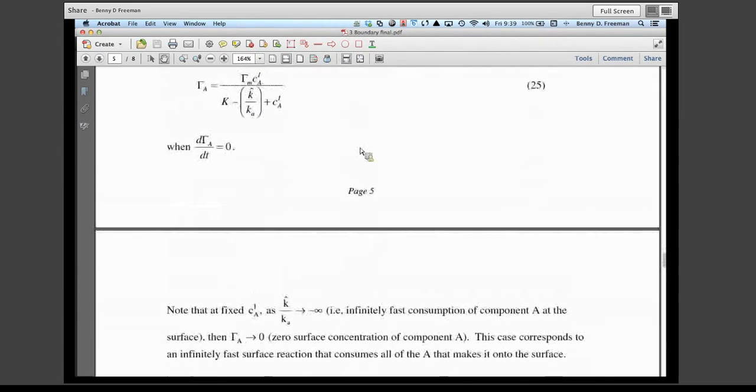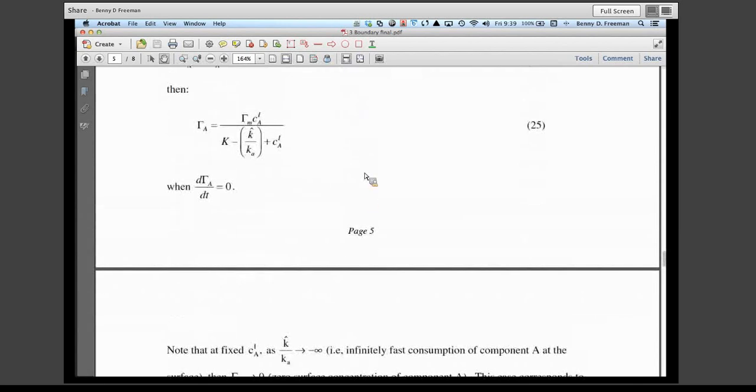Now, one of the things to note is that if you have a fixed value of the concentration of A in the phase next to the surface, as you allow the reaction rate constant to go to infinity, that is, as you allow A to be consumed essentially infinitely fast at the surface, then the denominator of this term gets to be very large, and gamma A goes to 0.